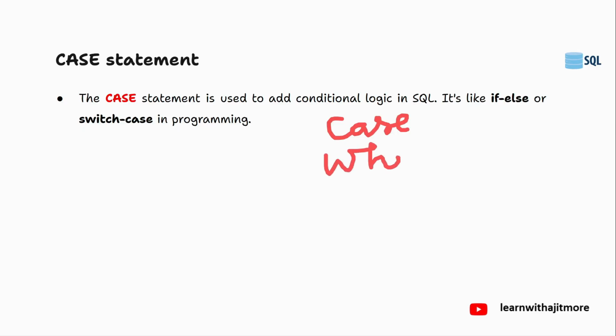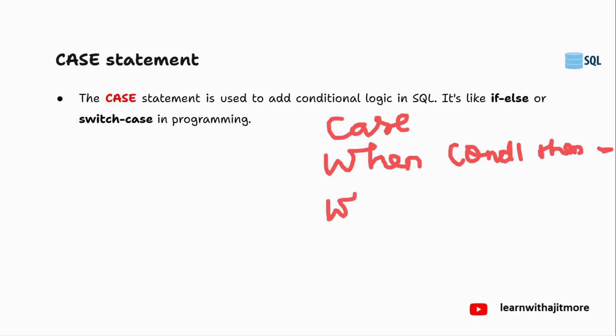You just write when condition 1, then some action. Directly the condition. And these conditions are similar to what we write in the where clause. You can build the condition using relational operators, greater than, less than, then logical operators and, or, between, like, all the things which we have used in the where clause, those conditions you can write here.